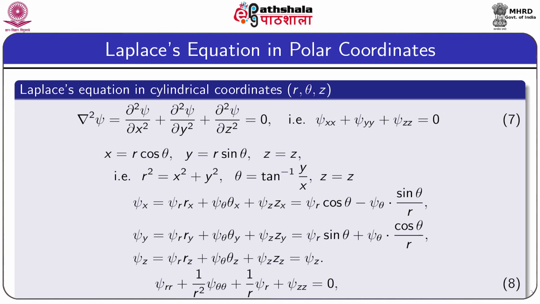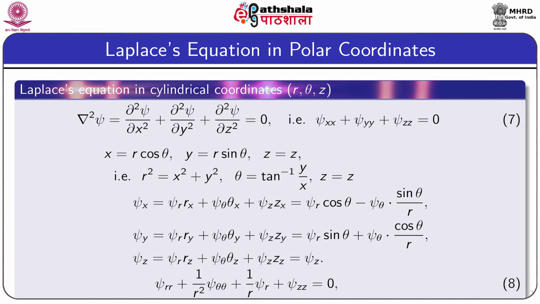Now, this is the derivation of Laplace equation in cylindrical coordinates. In cylindrical coordinates, there are 3 independent variables r, theta and z, and in a similar way we can derive the expression for Laplace equation in terms of the independent variables r, theta and z.